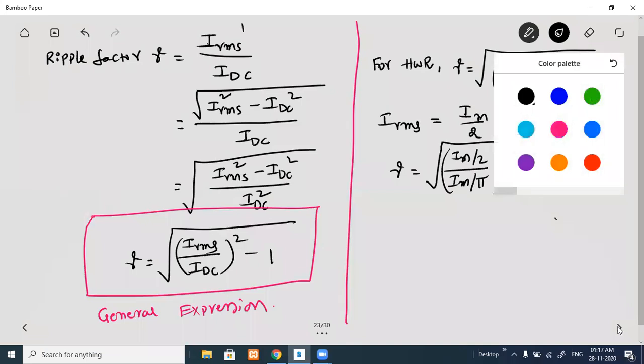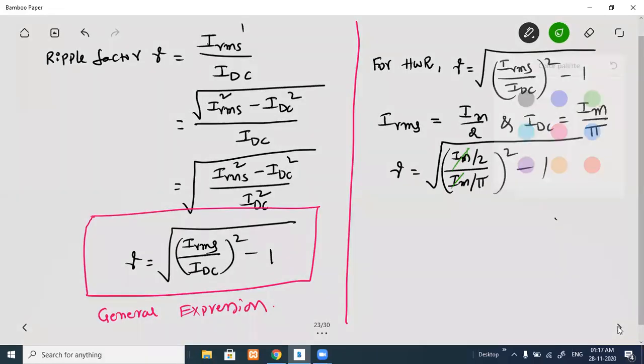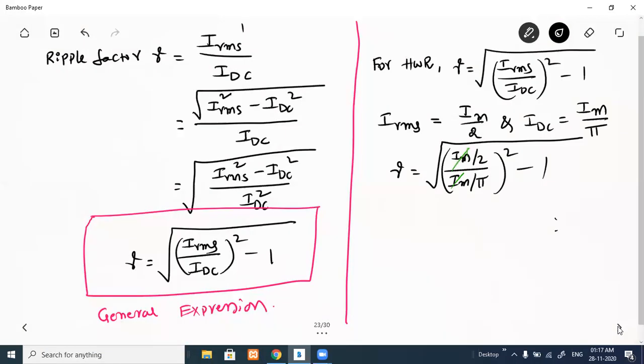So this IM and IM cancelled out. So gamma is equal to square root of (pi by 2) whole square minus 1.